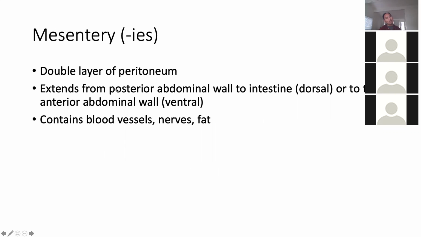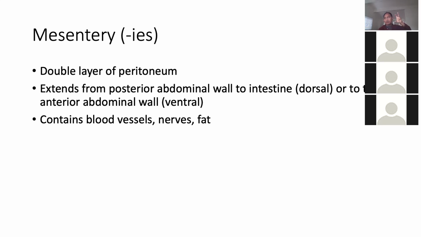Mesenteries are a double layer of the peritoneum. So two peritoneum folds are stuck together. In between the two peritoneum folds, it will contain blood vessels, nerves, fat, and lymph nodes. Some of the mesentery goes from the organ to the anterior abdominal wall. Some of the mesentery goes from the organ to the posterior abdominal wall.